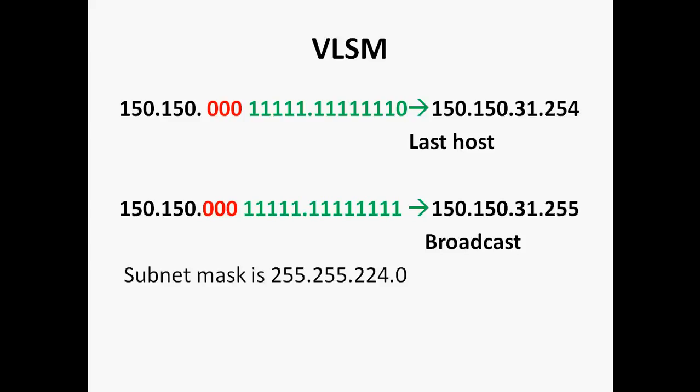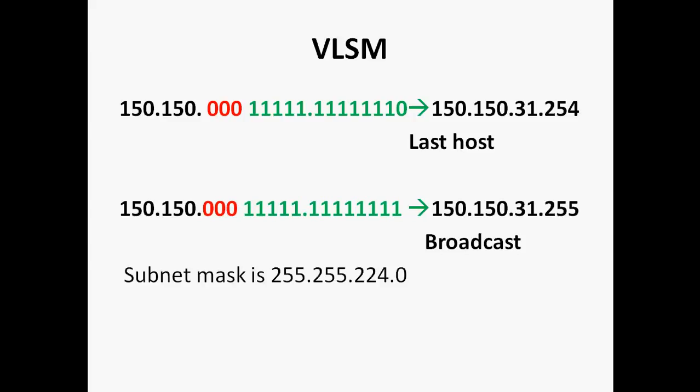If you write down the subnet mask, how many bits are network bits? Totally 19 bits. So all the 19 bits you can put as 1. Then you can convert into decimal format, and you can find out the subnet mask. So here 19 bits should be network bits.